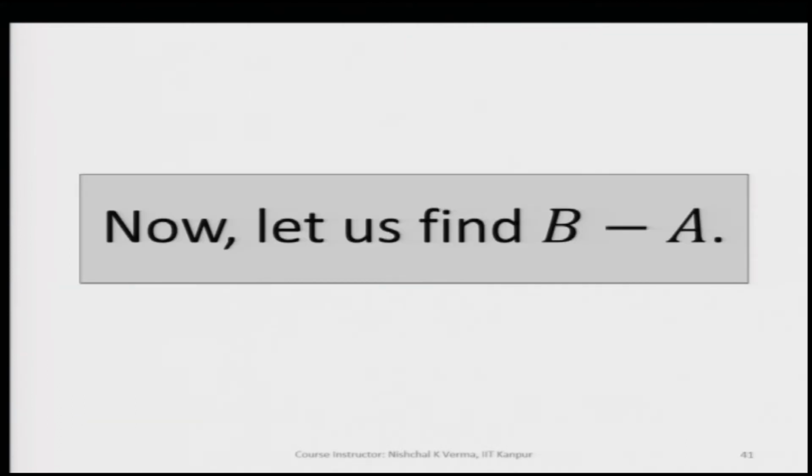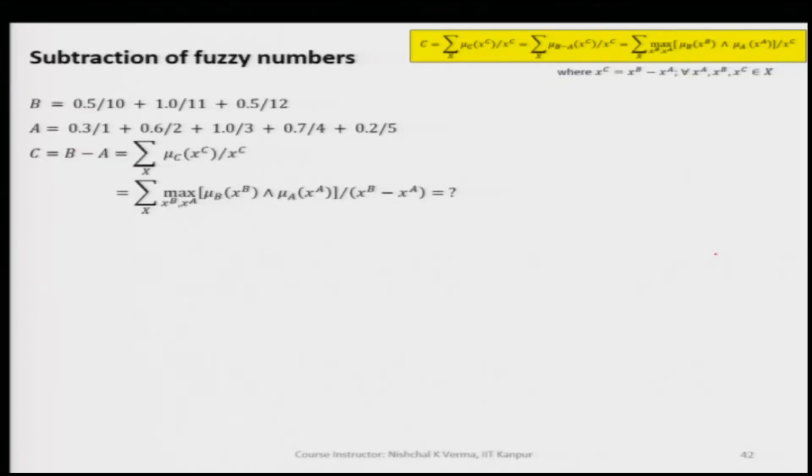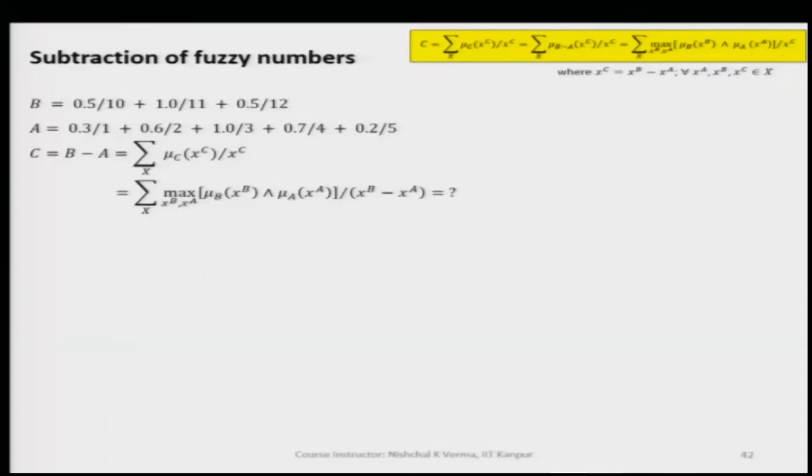Now, let us find the subtraction B minus A. So, let us now subtract fuzzy number A from fuzzy number B and see what is happening. On the same lines as we have discussed A minus B, we have seen that we first computed the min of the membership values of corresponding pairs, and then when we had all these pairs, we took the max of these.